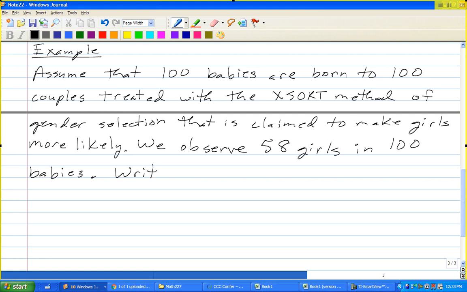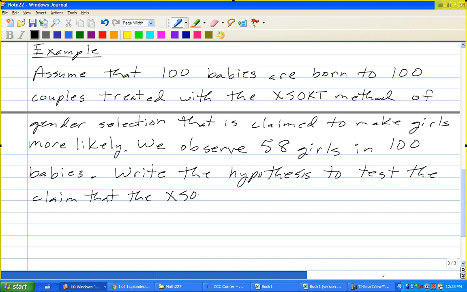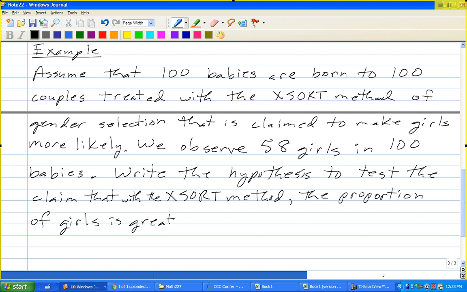Write the hypothesis to test the claim that with the XSort method the proportion of girls is greater than 50%. Okay.